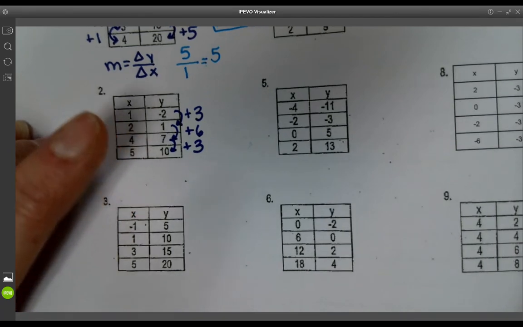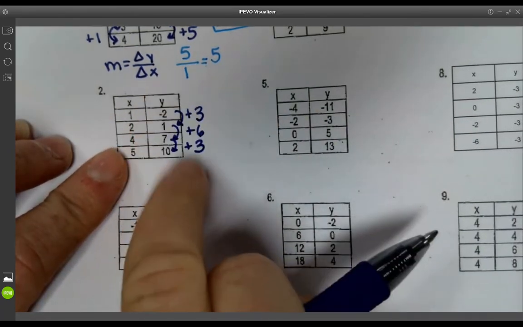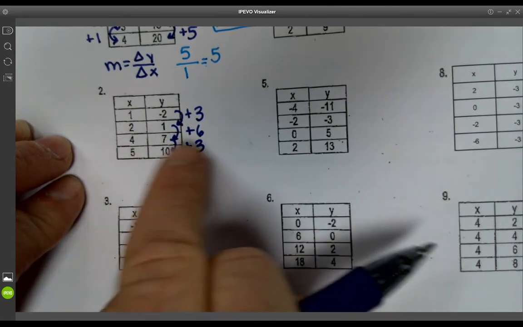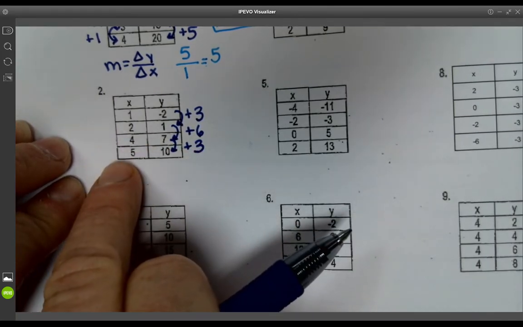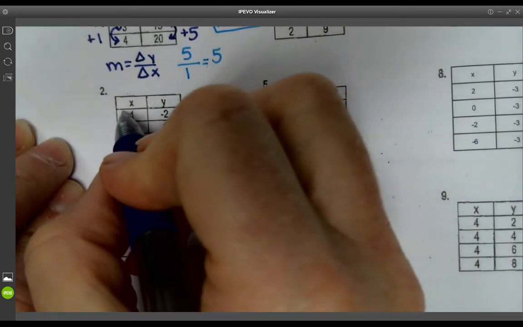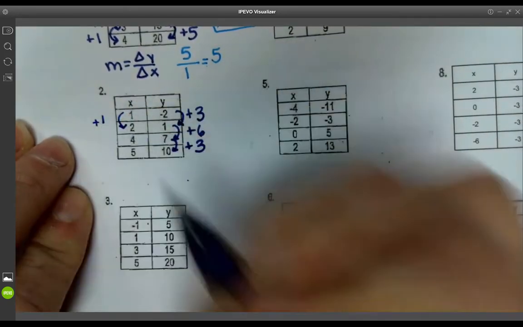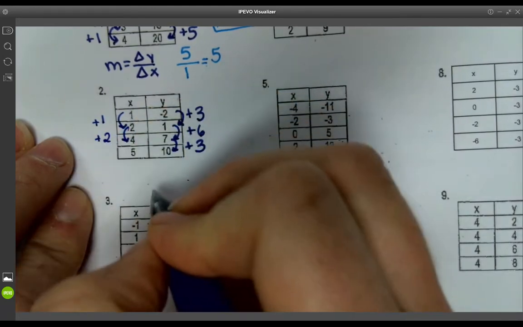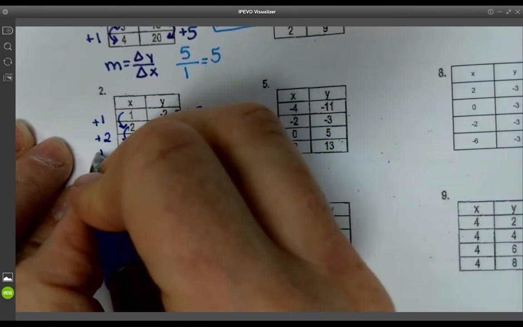So they can be different, but if the change in y's is different from each other, then the change in x's will be different from each other too. So we'll look at 1 to 2 is a plus 1, 2 to 4 is a plus 2, 4 to 5 is a plus 1.